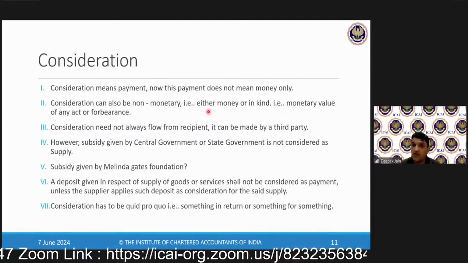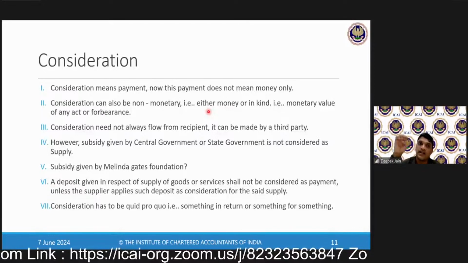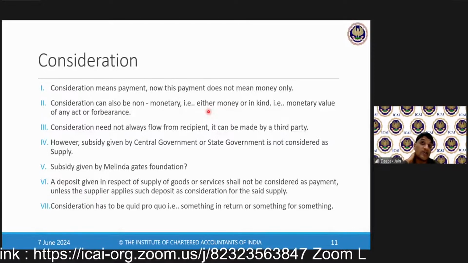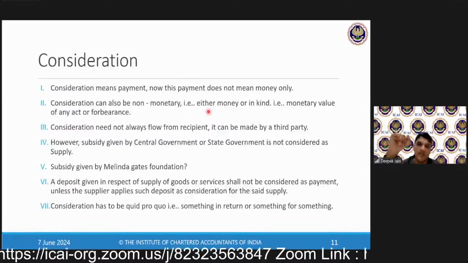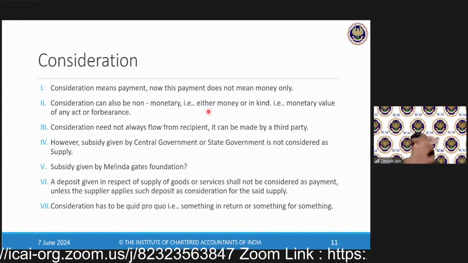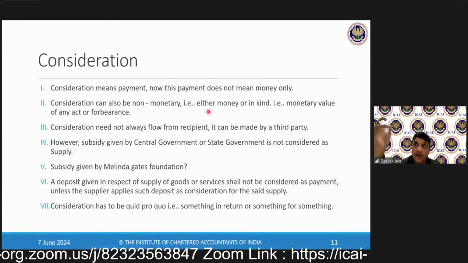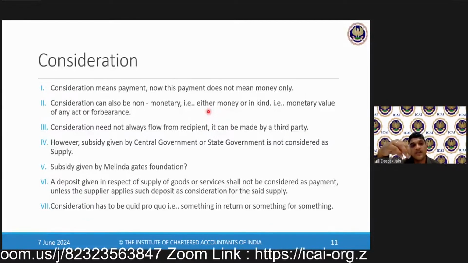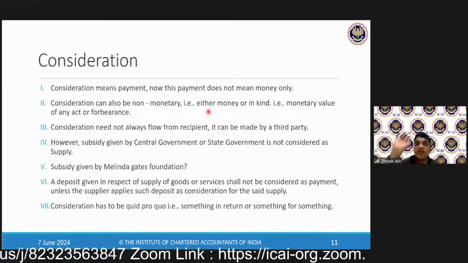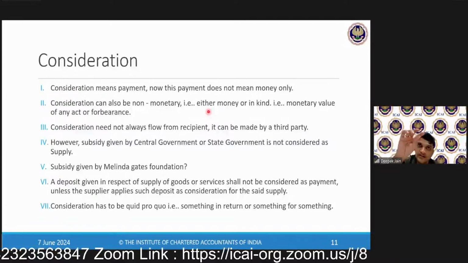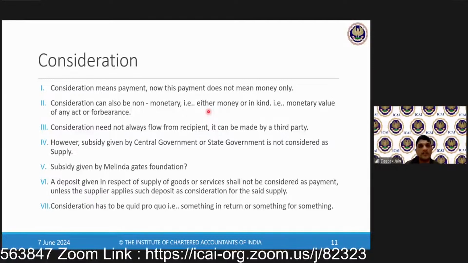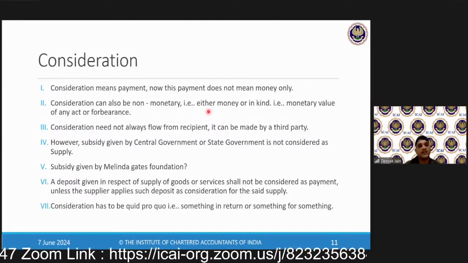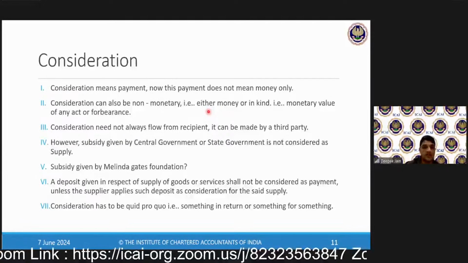He is supplying at 450, collecting 200 rupees from the school and another 250 rupees from the central or state government. Ultimately selling for 450. But this subsidy received from the central or state government is not considered as consideration because that is excluded. On that, there should not be any GST because of the nature of subsidy. That's why no GST on that.